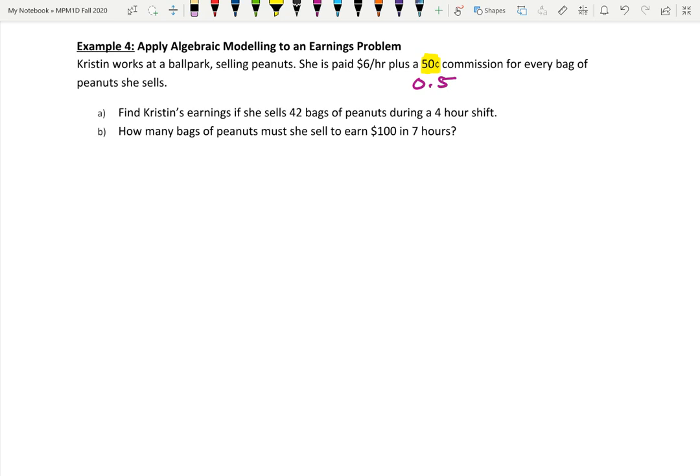Okay, so in question A, find Kristen's earnings if she sells 42 bags of peanuts during a 4-hour shift. So let's let E represent Kristen's earnings. And again, you can use another variable, whatever you want. Okay, so I'm going to create my algebraic sentence from the words in the question.